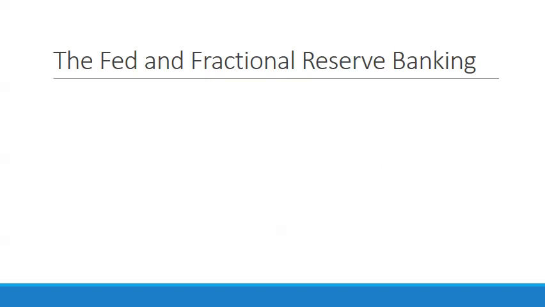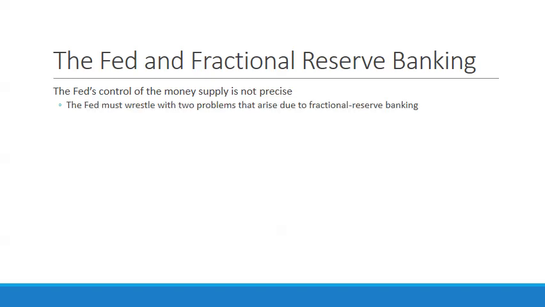So how does the Fed figure into this reserve banking? Well, we know they set the reserve requirement. And their control of the money supply is not precise, though, because they have two problems that arise due to fractional reserve banking. One is that the Fed doesn't control the amount of money that households choose to hold as deposits. So that money differs. Now, one of the things, of course, is that interest rates do influence that, but it's not as if people have to deposit money in banks.